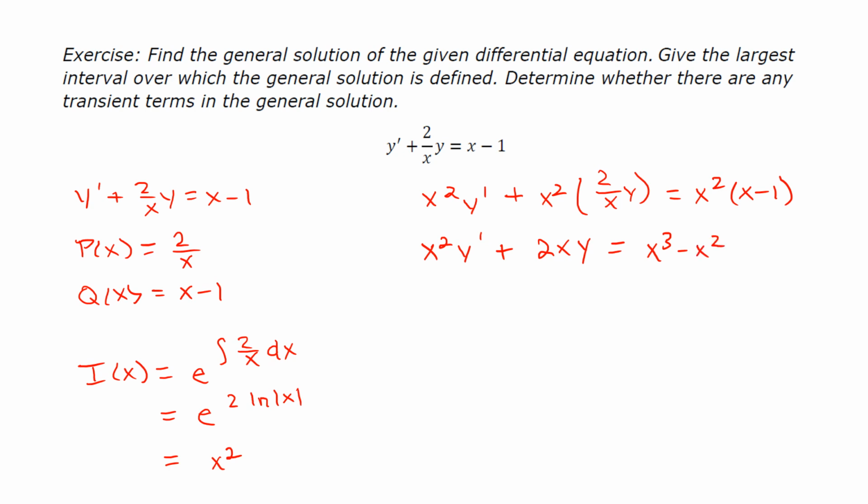Okay, so we know that the left side here is the derivative of x squared y over dx, which equals x cubed minus x squared. Okay, so now we're going to integrate both sides with respect to x.